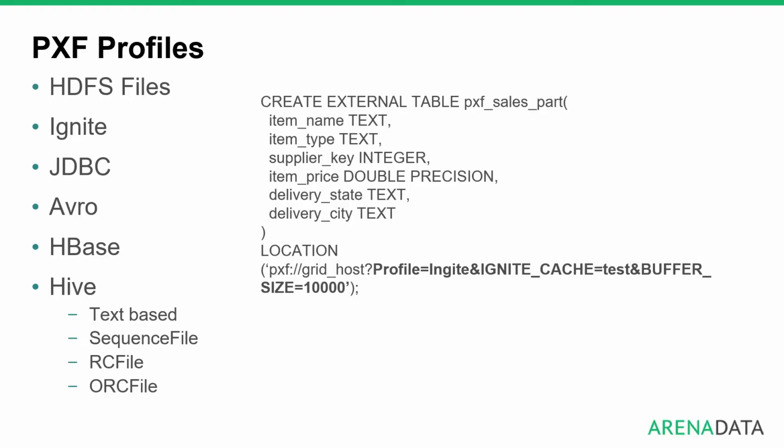And currently, this technology supports the following list of profiles. The first is, as I said before, HDFS files. The second is Ignite. Today, this profile provides the integration with Apache Ignite. That's our development and feature, and we are contributing this feature to the upstream project.